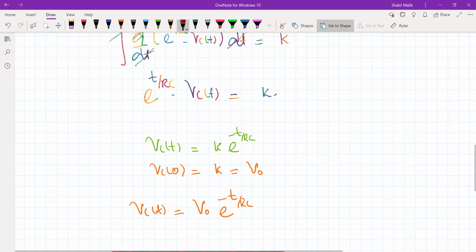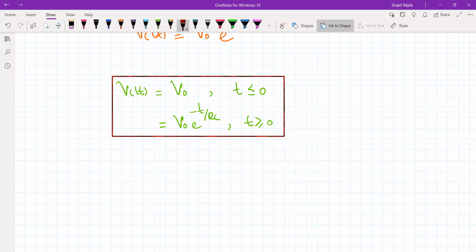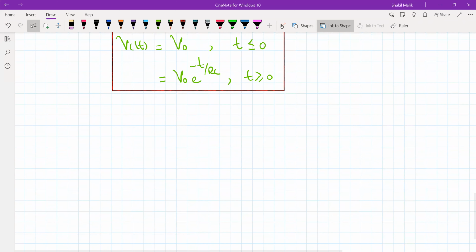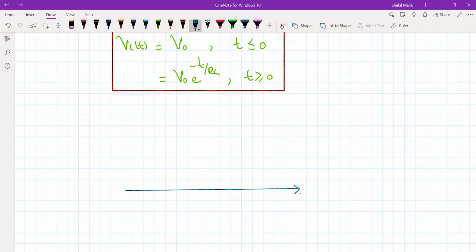So at any instant of time t, the capacitor voltage is V0 e to the power of minus t by RC. And if we plot this function that we obtained for the capacitor voltage, with this as the time axis and this as the amplitude axis, and we assume that the capacitor is charged to V0 at t equal to 0, the expression looks like this, going down as t increases.